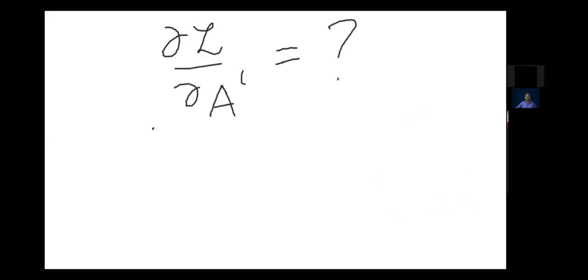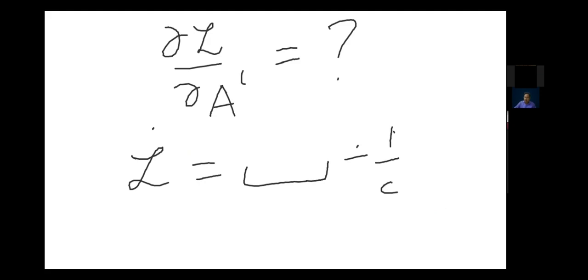How much is this? L has something plus, or rather minus, because it will come with a minus sign, 1 upon c. And then I told you A_i j^i. But since I'm using i here, I can change these notations to m, because after all, these are just the dummy indices. So you can write it as A_m j^m. Okay.